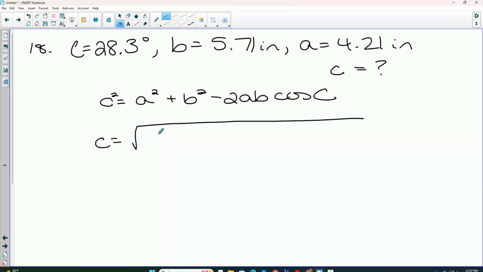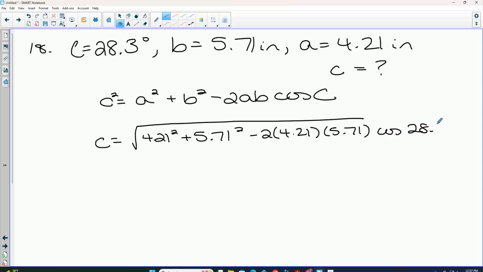And then we can plug in. A is 4.21 squared, B, 5.71 squared, minus 2 times A times B cosine of C. And now it's just a matter of putting that in your calculator. So everybody try it.